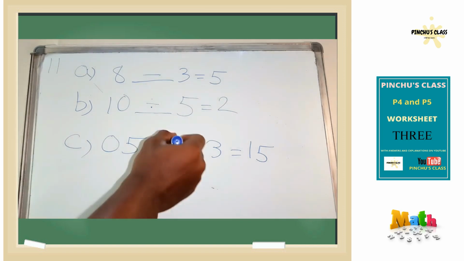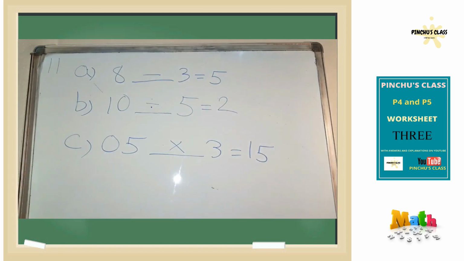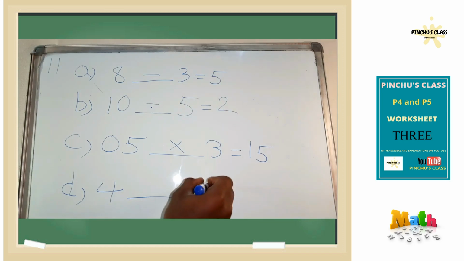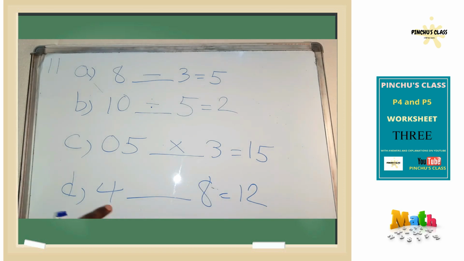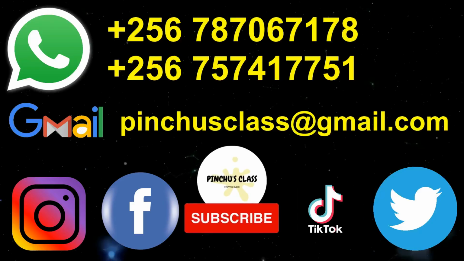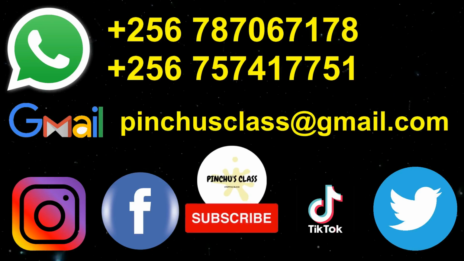We multiply here to get 15. And then the last one, part D, we have 4 dash 8, and this gives us 12. So when you look at this one, 4 and 8, to get 12 we need to add. Yeah, that's it for mathematics subject.